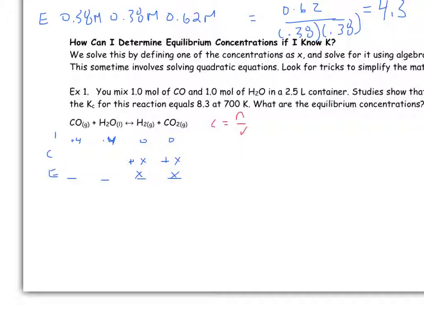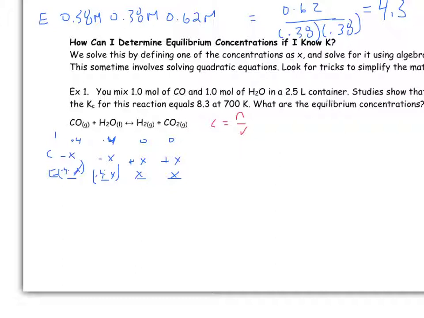Its equilibrium concentration will also be X. I have a 1-to-1 mole ratio to go to water, but because it's a chemical on the opposite side of the arrow, it will go down by X. So that gives me an equilibrium concentration of 0.4 minus X. The same is true for my carbon monoxide.